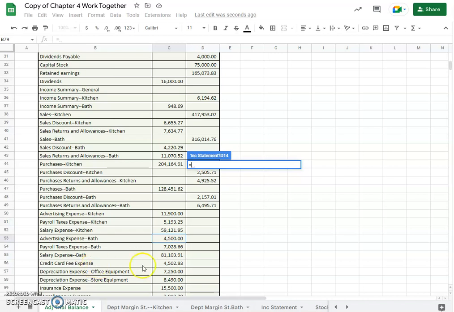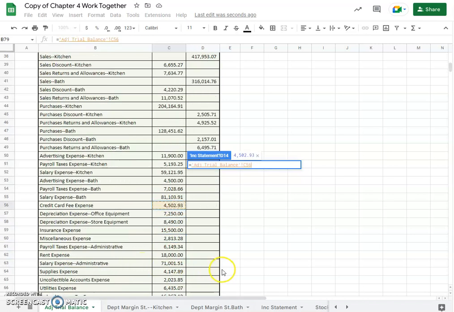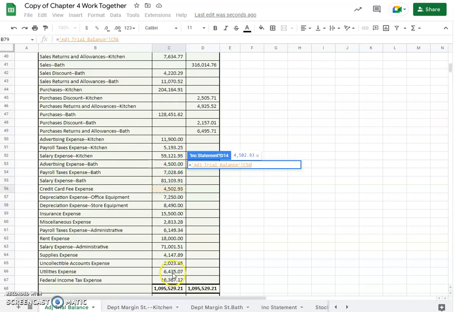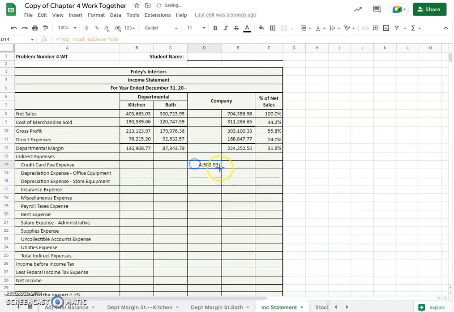So our first one was credit card fees, depreciation, insurance, miscellaneous, payroll, rent, and then salary, administrative, supplies, uncollectible, utilities. They all just line up nicely. So we'll just get the first amount and we will drag that reference down all the way through utilities expense.